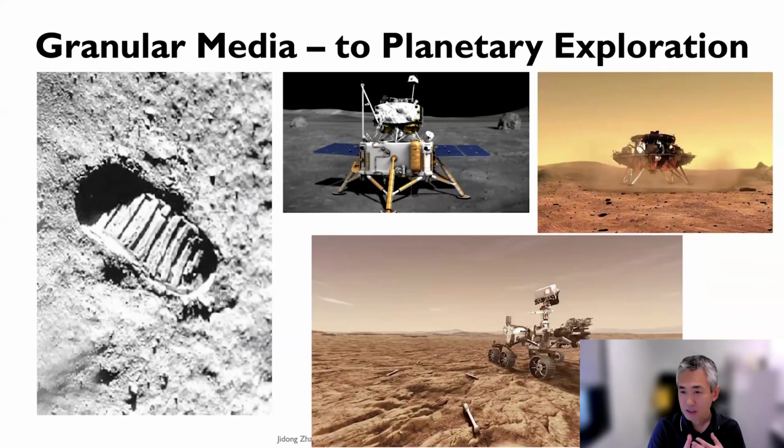And out of this Earth, as Professor Ratna mentioned before, we have a lot of countries around the world that have the ambition to explore other planets, like the Moon and Mars. The first important thing is how we can land man-made rovers and other explorers on other planets.